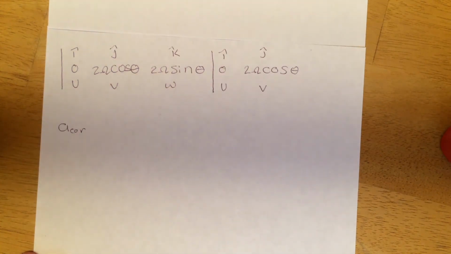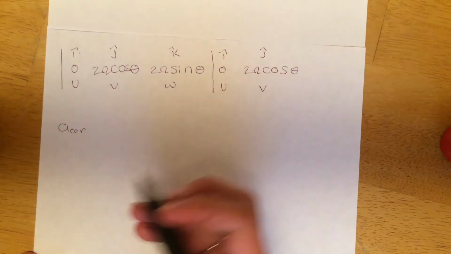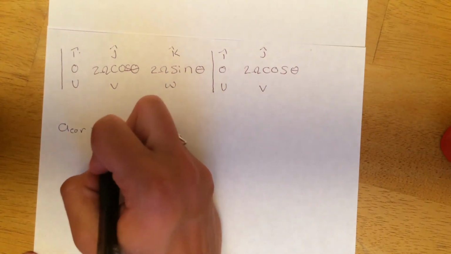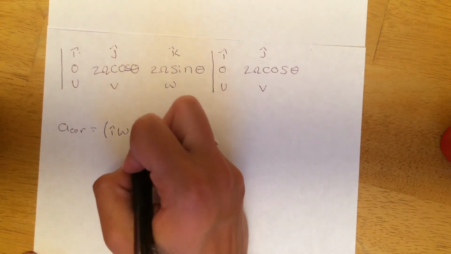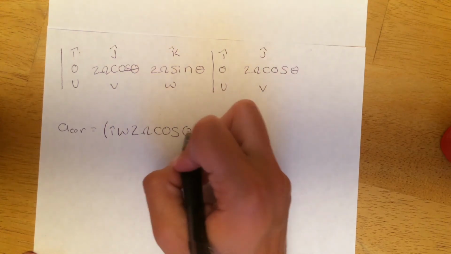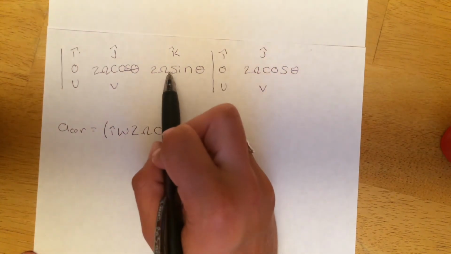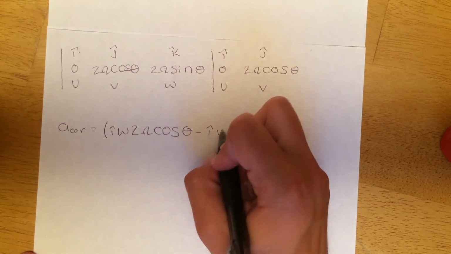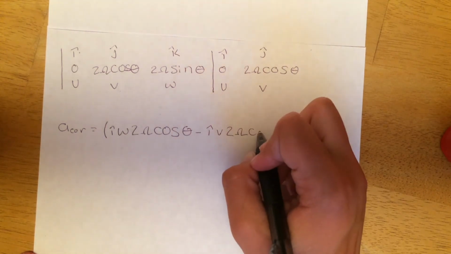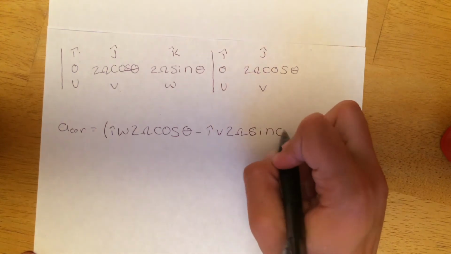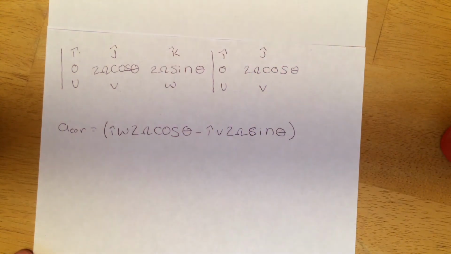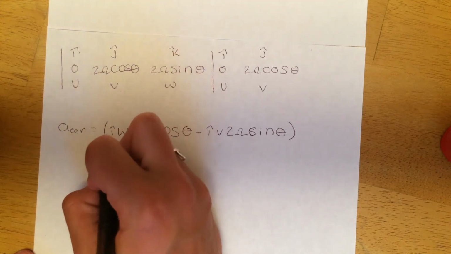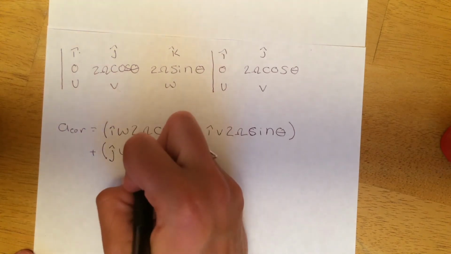So our first term is i times 2 omega cosine theta times w minus i times 2 omega sine theta v. Continue this diagonal method for both j and k.